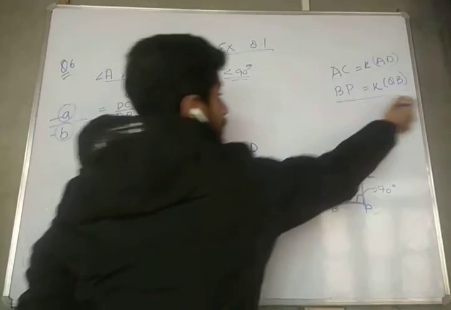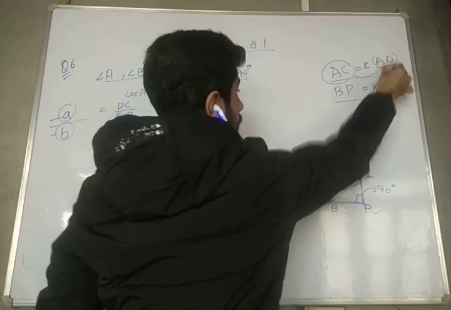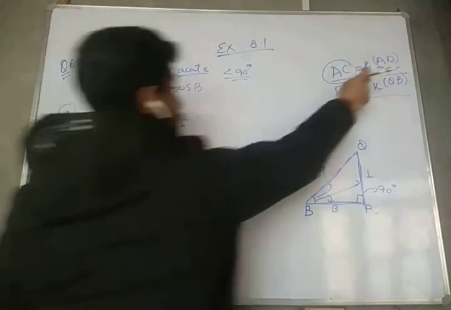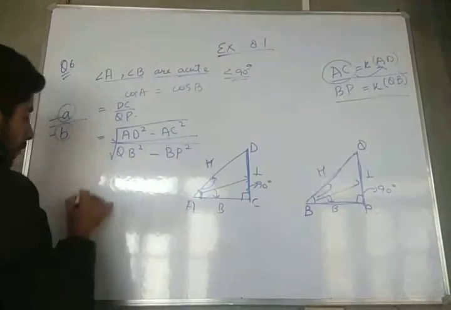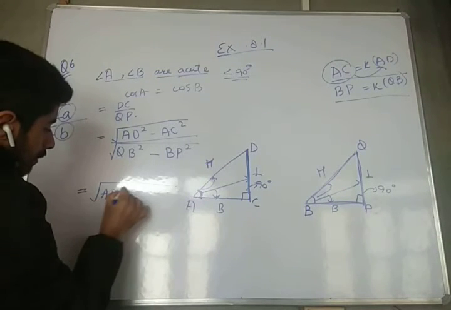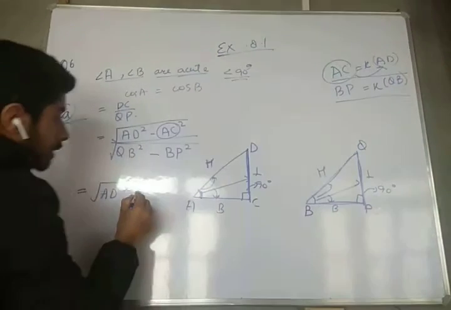Now, look at these equations. This AC, it's equal to K times AD. So, we can write like this: AD square, instead of this AC, we can write K times AD.